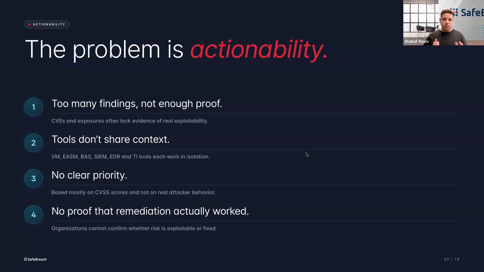So we know that teams are busy and don't have less work than before, but still they can't confidently answer the one question that matters: are we actually safer today than we were yesterday?